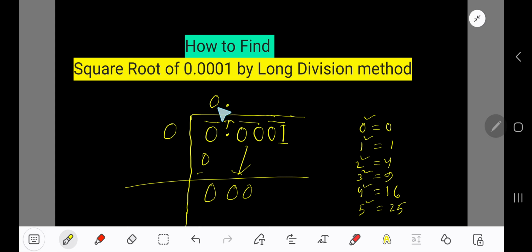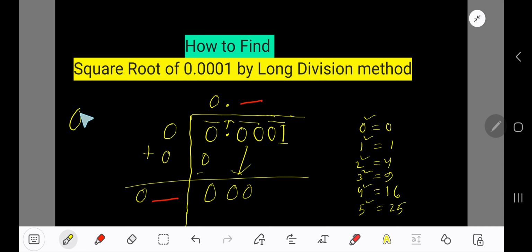As you have placed 0, the same digit will come under the divisor and you need to add 0 plus 0, 0. Now you need to guess a digit, the same digit will come here and you need to multiply.